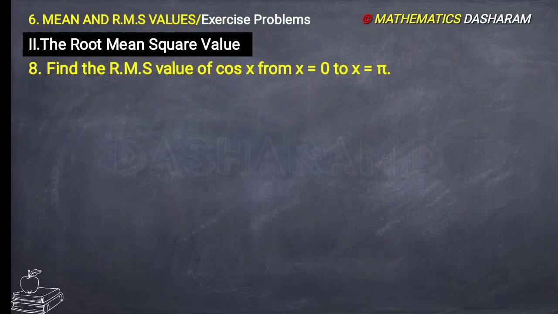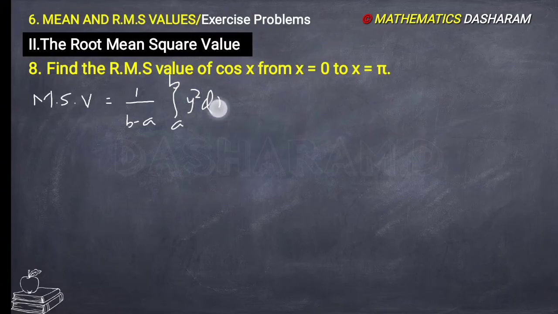Eighth question, find the RMS value of a cos x from x equals 0 to x equals pi. So to find out the RMS value, first find out the MSV value, mean square value. So the formula is 1 by b minus a integration a to b y square dx.